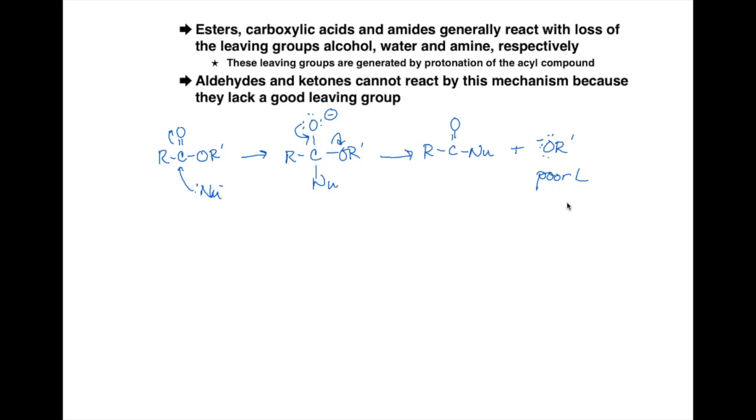This is not possible because this is a poor leaving group. Why is it a poor leaving group? Because this is a strong base. If you recall your SN1, SN2, ganun din yon, di ba?